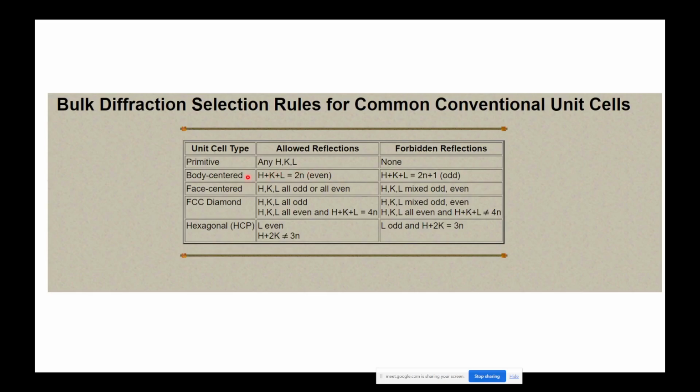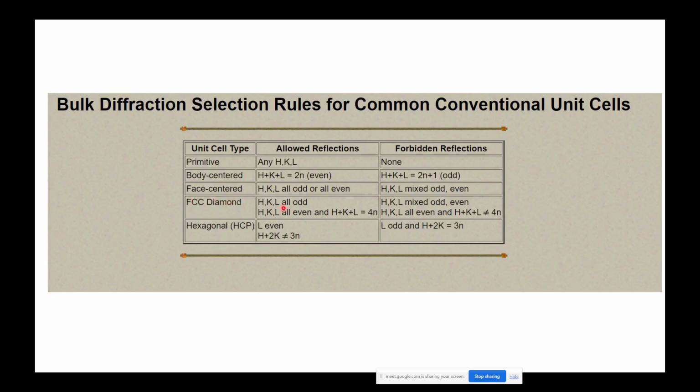Body centered: allowed reflection is H plus K plus L even, and forbidden is H plus K plus L odd. For face centered, H, K, L all odd or all even are allowed, and forbidden is HKL mixed, odd and even.